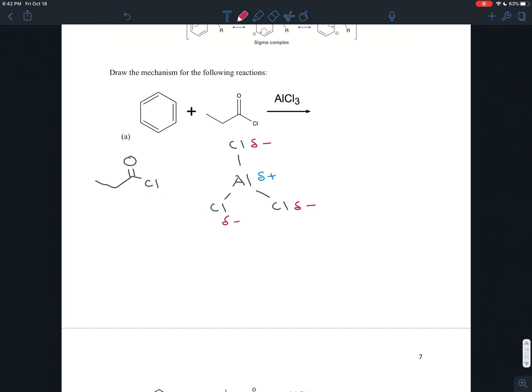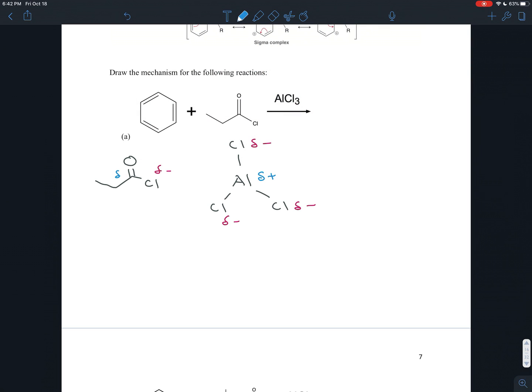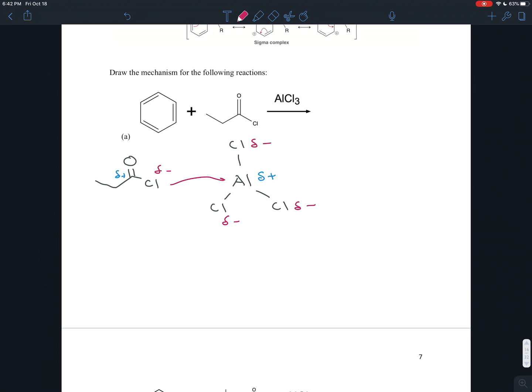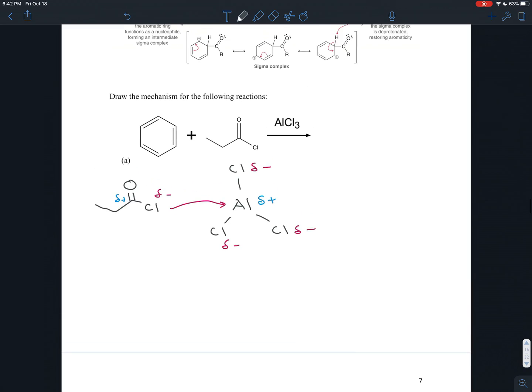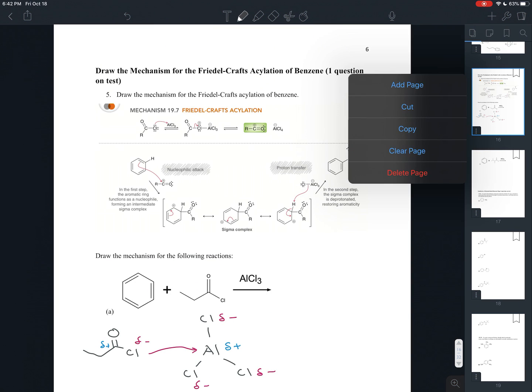That's in addition to the bond dipole that you already have, where the chlorine is slightly negative. So those two effects, the polarizability of chlorine and the slightly negative charge from the bond dipole, both act together to make this chlorine act as a nucleophile and attack the aluminum. So this should seem really familiar from Friedel-Crafts alkylation so far.